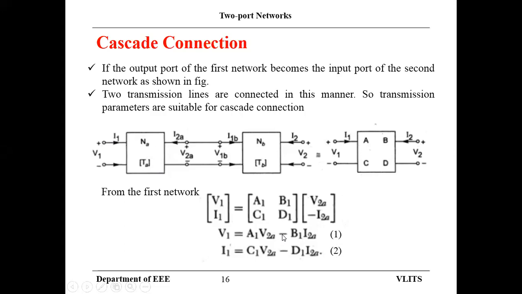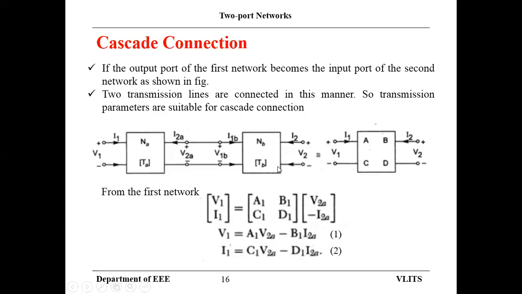That's why we have the minus sign, which we already discussed in the ABCD parameters. Again, I am just reminding you why we take this minus sign. If you write this in matrix form, you will get this. Let me consider these as equation number 1 and equation number 2.